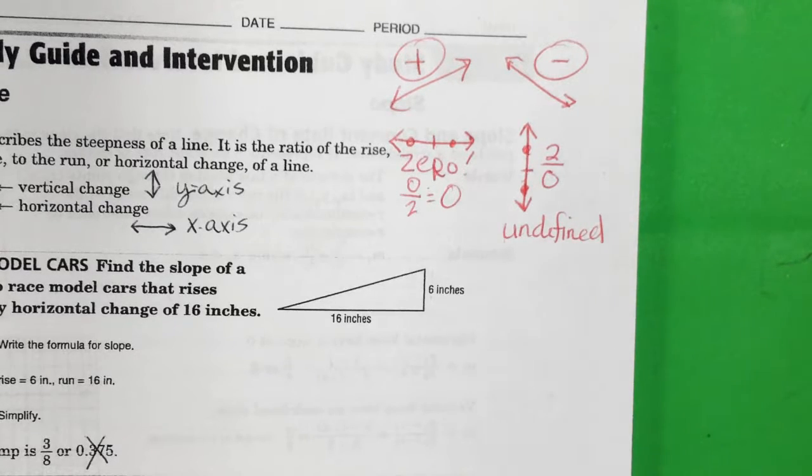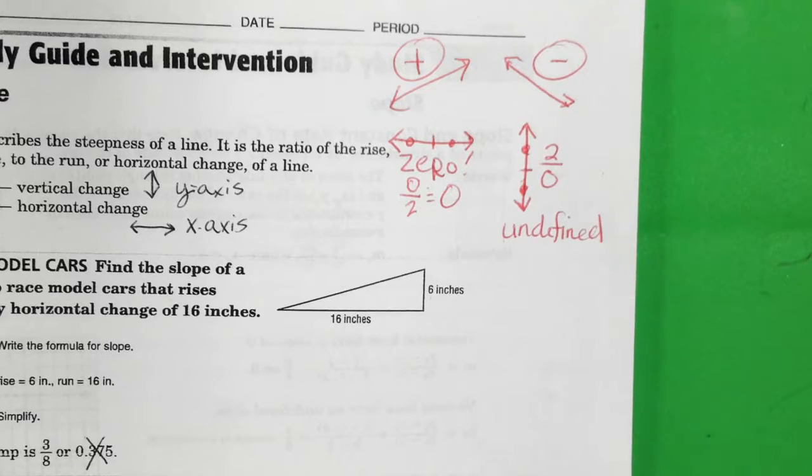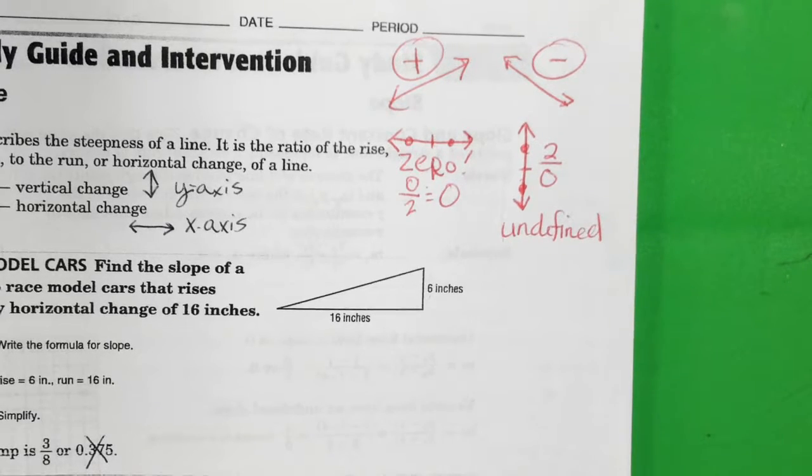All right, so we've talked about word problems writing the slope, rise over run. We've counted the slope, rise over run, on a graph line. Now we're going to use the formula when we're not having a graph line.